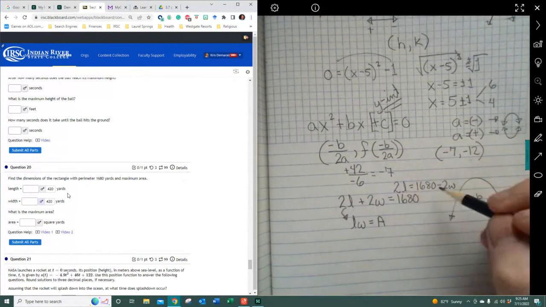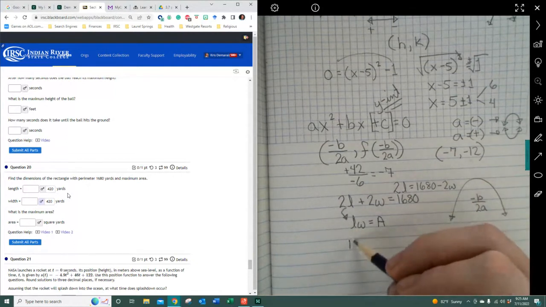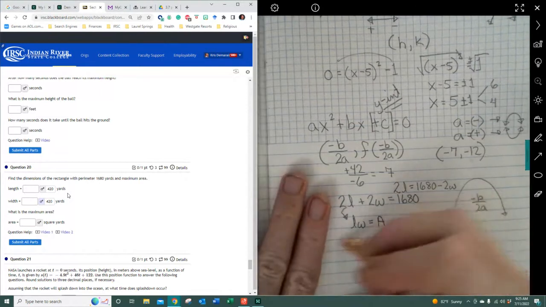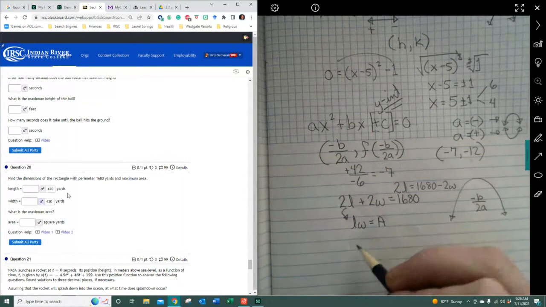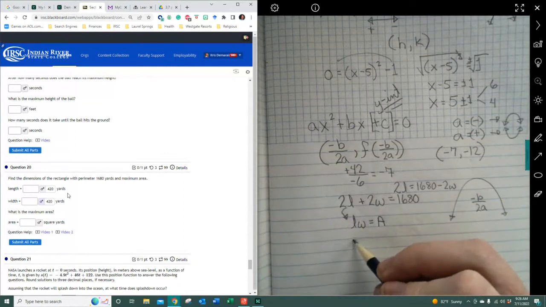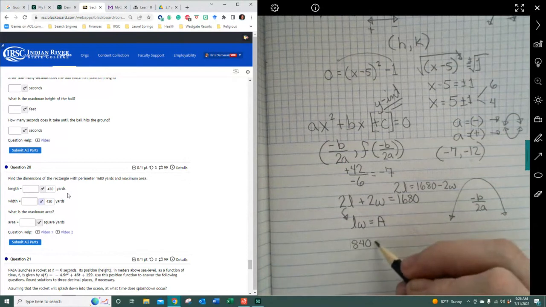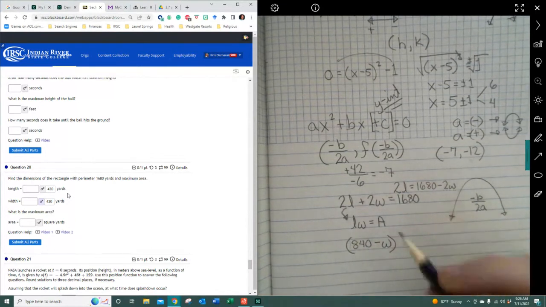Then divide both sides by 2, and we'll get L is equal to 1680 divided by 2, and then we have w, because I'm dividing everything by 2.